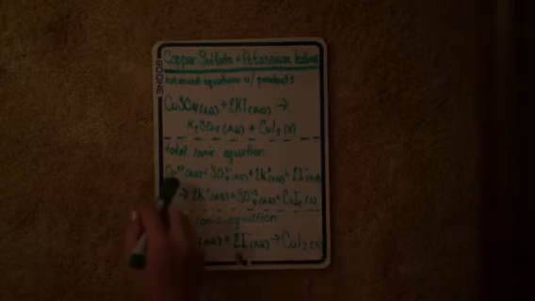Then we do a total ionic equation, which is Cu2+ plus SO4 2- plus 2K+ plus 2I-. So what I'm doing here is just breaking up the equation. Here's our copper, here's our sulfate, here's our potassium, and here's our iodide.